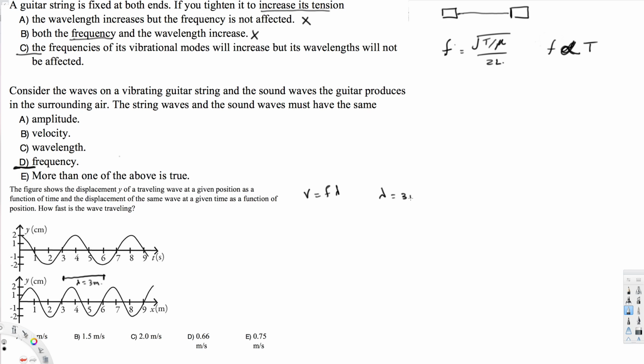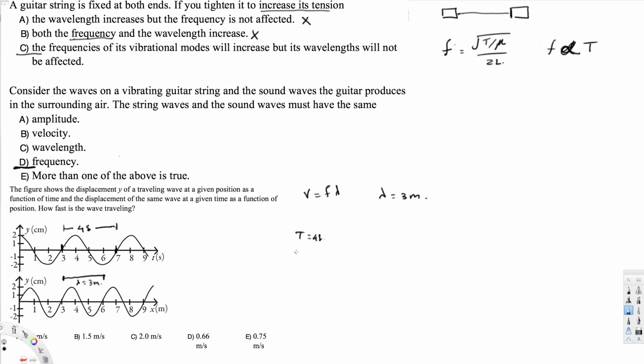Let's find the frequency. To find the frequency, we can take the time and y graph. First of all, we have to look at the time it takes to travel one wave. Here, if you notice, this wave from here to here takes 4 seconds. So the period of this wave is 4 seconds.